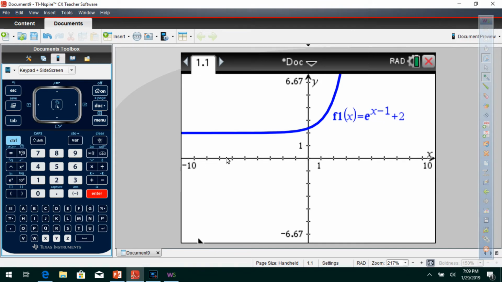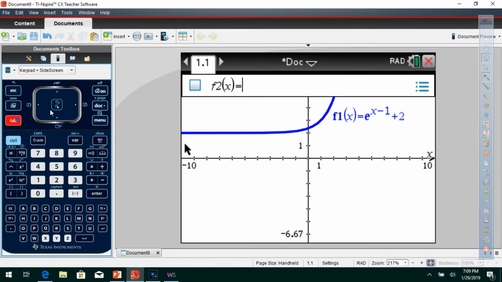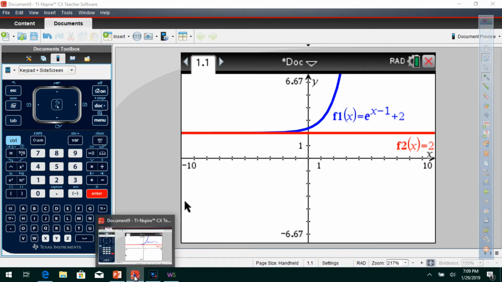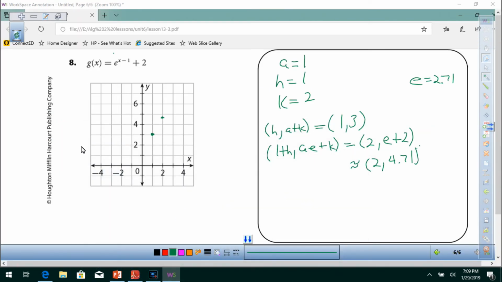Oh, it looks like we get a asymptote right here. Huh, look at that. So it's going to approach 2. Okay, it's going to approach 2. So we're going to have something that goes along the lines like this. And there we go. We have drawn our graph.